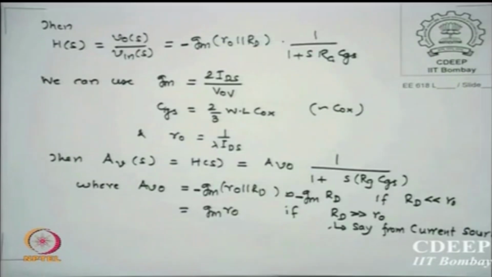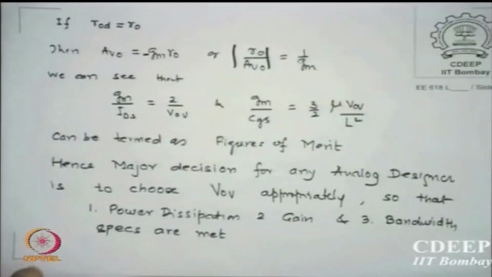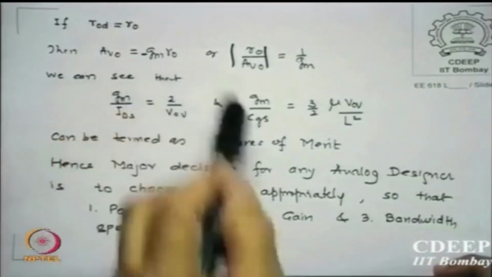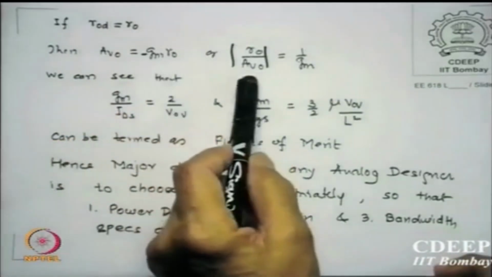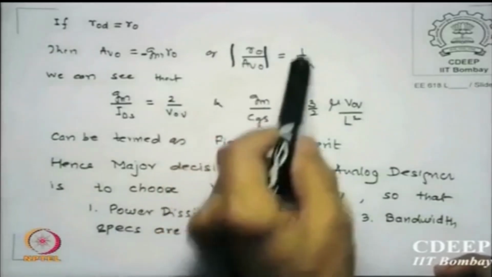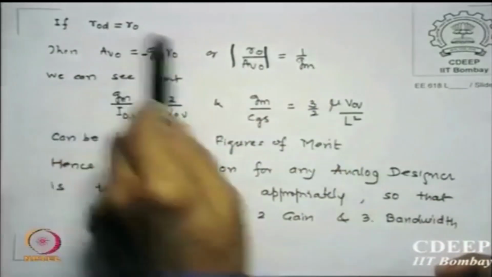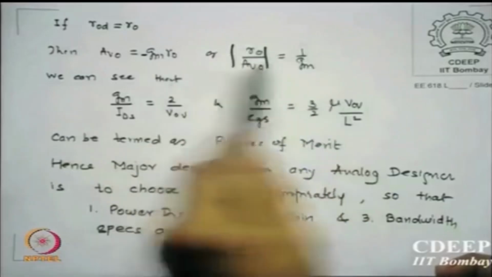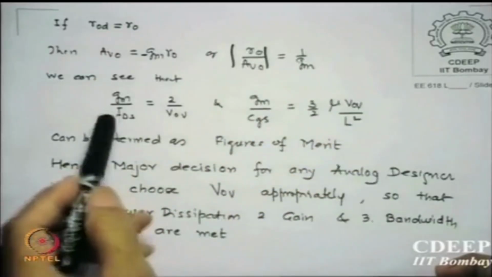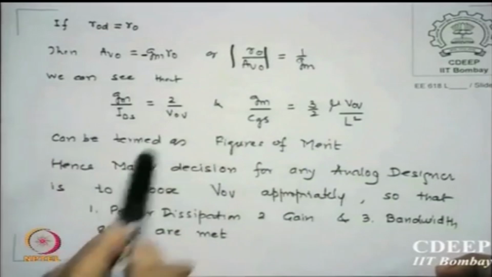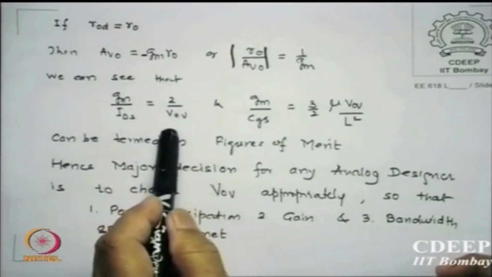Having done this, if ROD is R0, as I said, in that case AV0 is minus GMRO, then I can write R0 by AV0 is 1 upon GM, magnitude wise. Then GM by IDS I know is 2 by VOV.